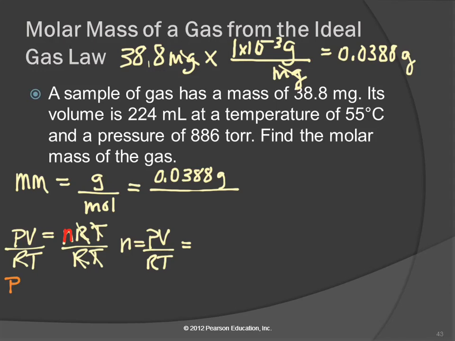The pressure in the problem is given as 886 torr. We're thinking ahead a little bit. If you didn't think ahead, you could put them in, and then you'd look at your units and say, that's not going to work. The units don't cancel out. And then you'd back up and do this. So I don't have room to do all that. So we need to convert this to atmospheres.